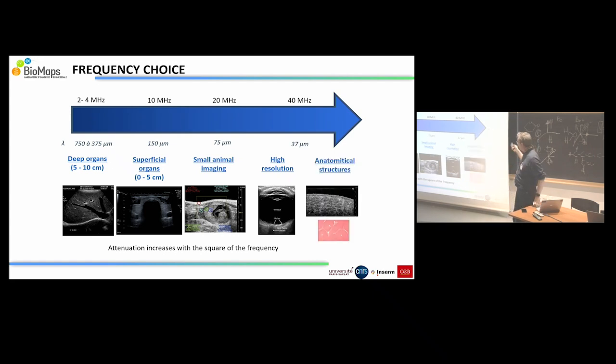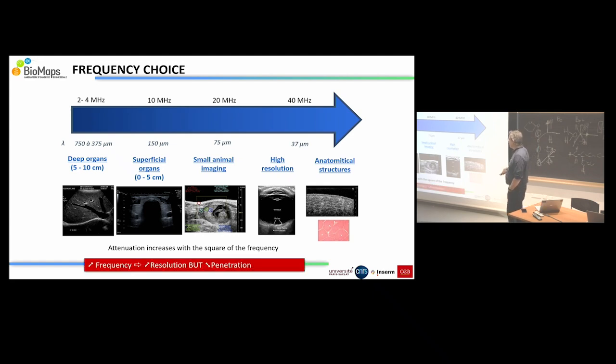And if I go higher, I can go to anatomical structures, but not, well, anatomy. I can have this kind of images. So the idea here that you must learn is that if you increase the frequency, you will increase the spatial resolution, but you will lose your penetration depth.